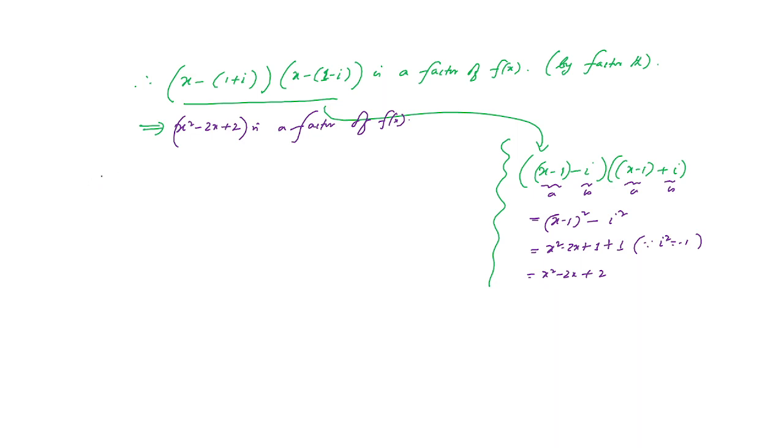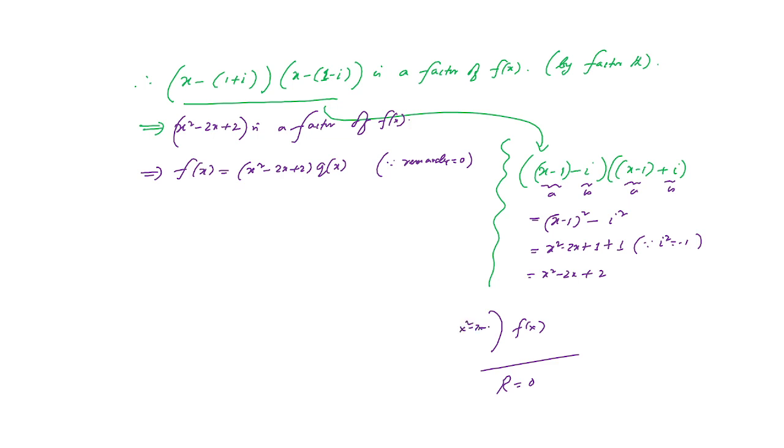Since it is a factor, by the division algorithm we can write f(x) equals x square minus 2x plus 2 into q(x). Because it is a factor, the remainder will be 0. Now what will be the q(x)?